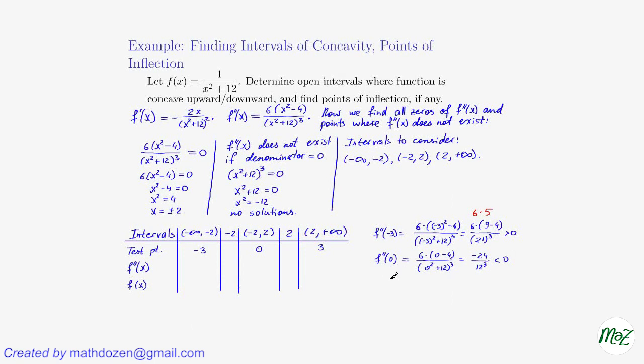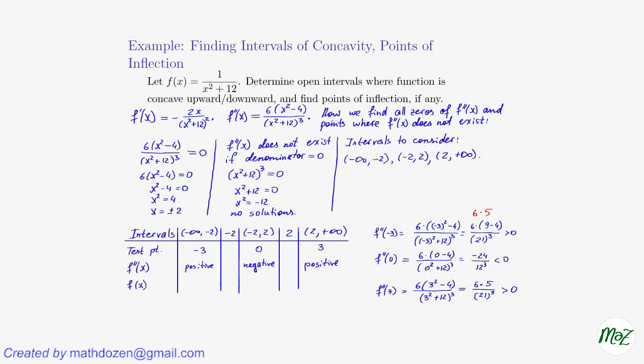Then at 0 we're going to end up with negative 24 divided by 12 cubed, which is a negative number. And at positive 3 we end up with 6 times 5 over 21 cubed. We put these into the formula for the second derivative. So we see that the second derivative is positive on the leftmost interval, negative in the middle, and positive on the rightmost interval.